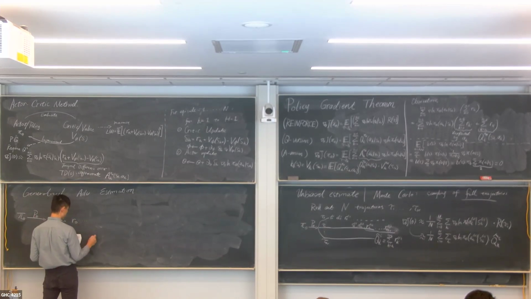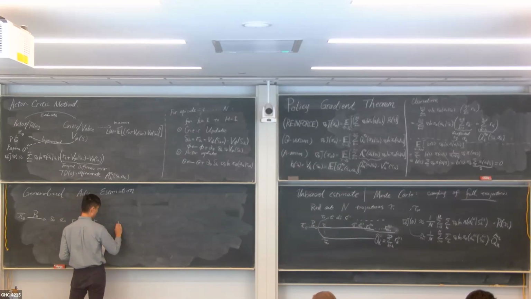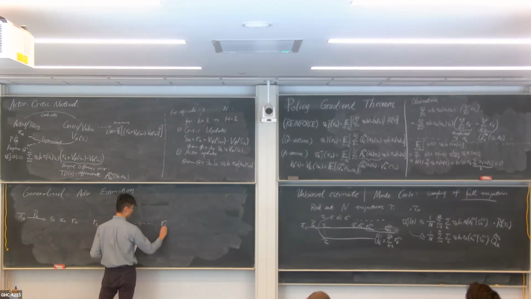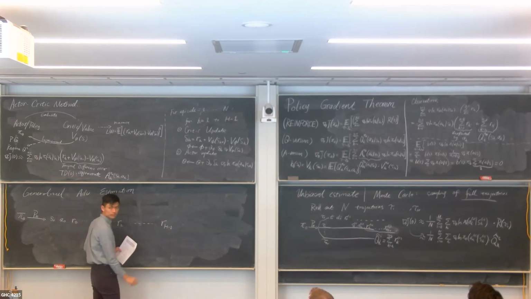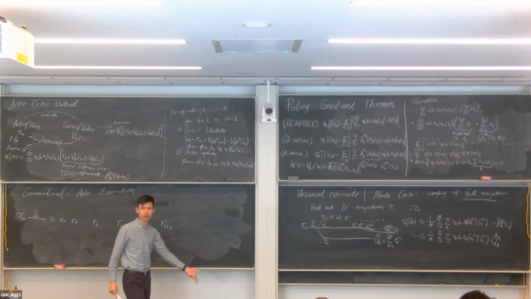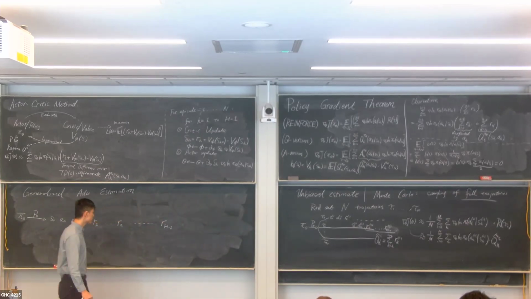I'm going to skip some of this. And then you have the next reward, and at the end of the day, you have R_{H-1}. The rewards are really the more relevant quantities when we do the estimation.